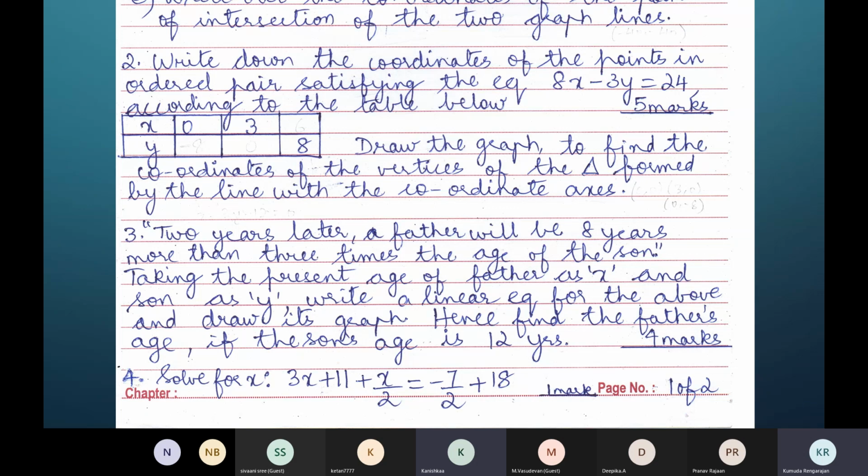Ma'am, x is equal to 6 by 7. When you guys are taking a long time to complete, I assume that you're doing it in a very complicated way. See, we could do it easily. 6 by 7, let me see.